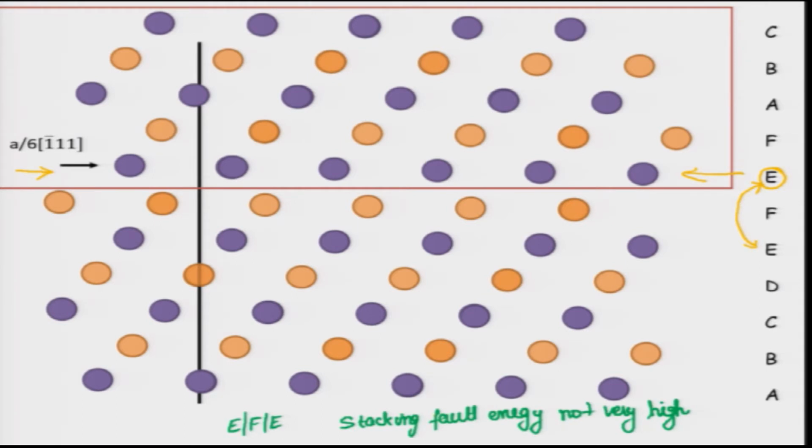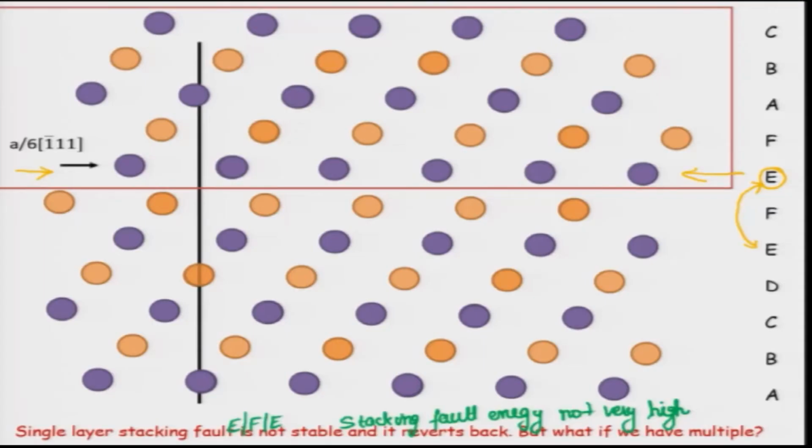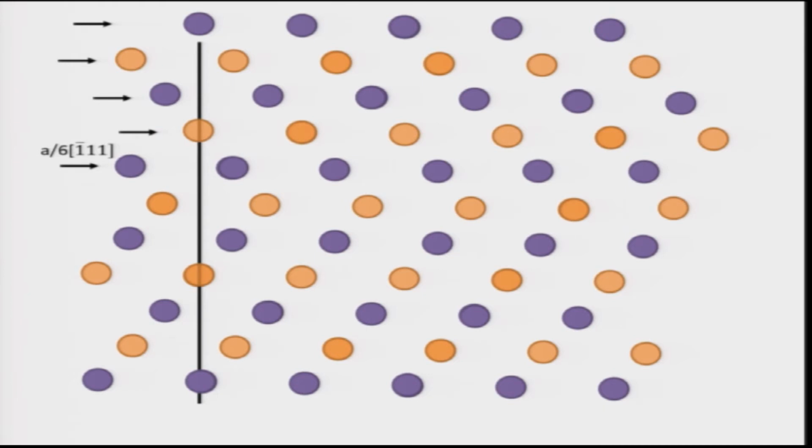Now, another thing: like we did with the twins for the FCC, we remember we moved each layer by that amount of stacking fault. So, here also we will shift all of these layers above it by the same amount, a/6 [-1 1 1]. So, what happens? We get a structure like this. Now, what do we see here?